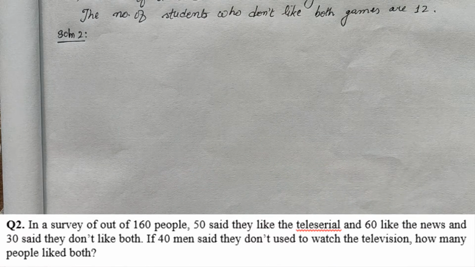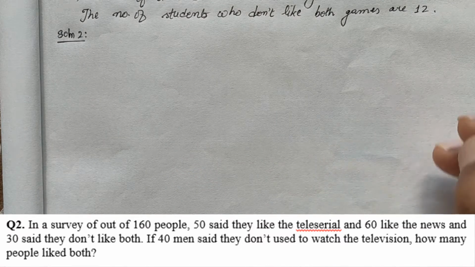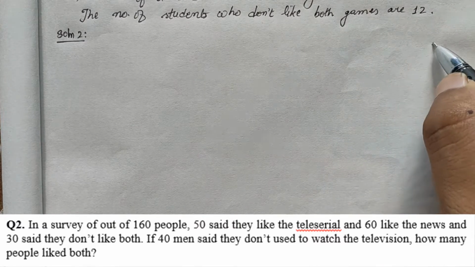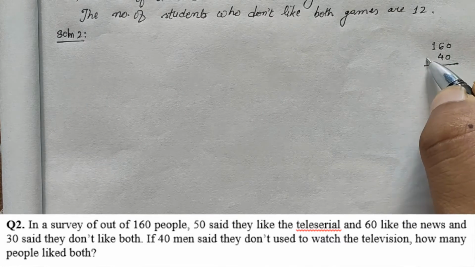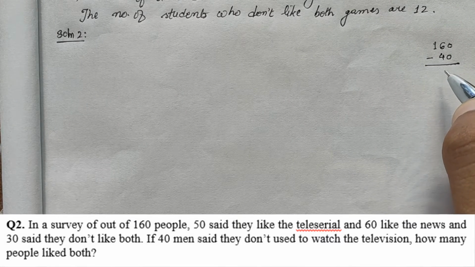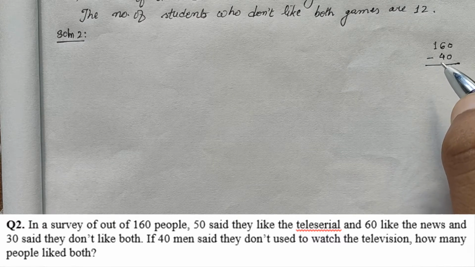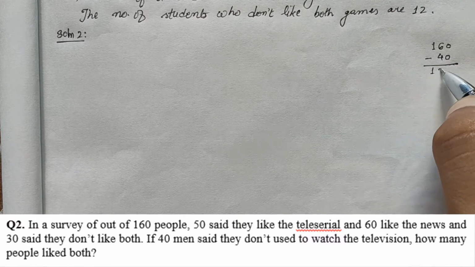Out of 160 people, 40 don't watch television. So the number of people who used to watch television is 120.